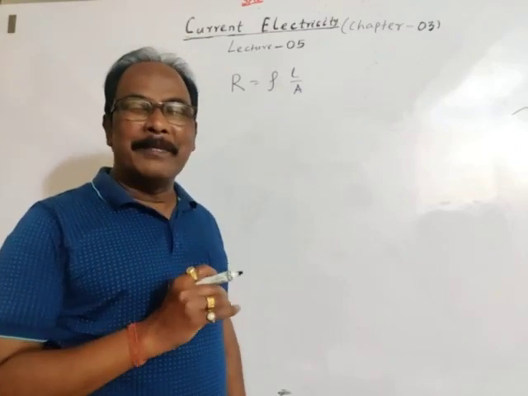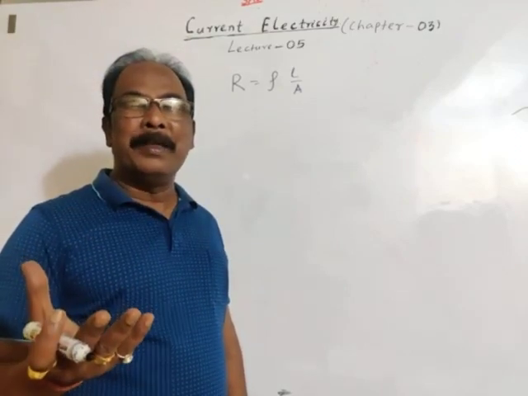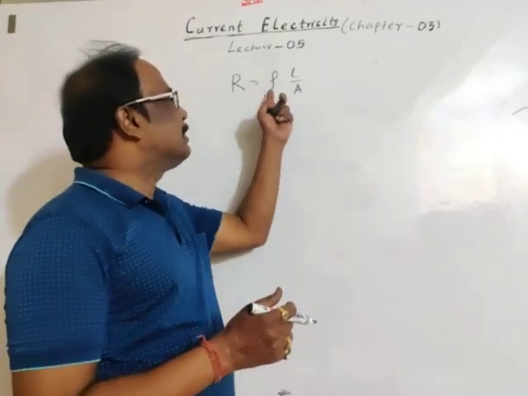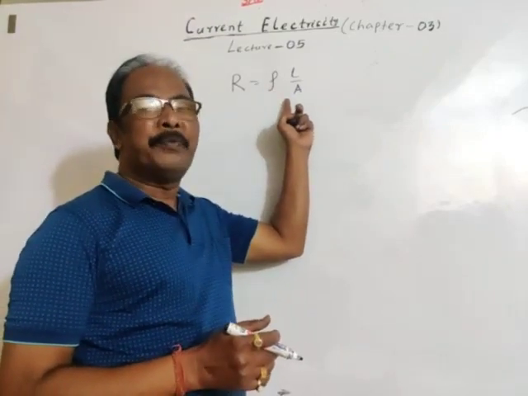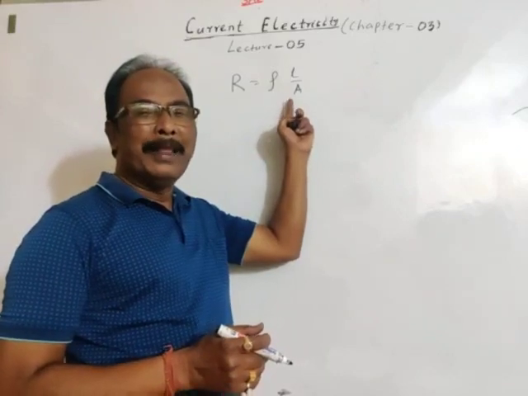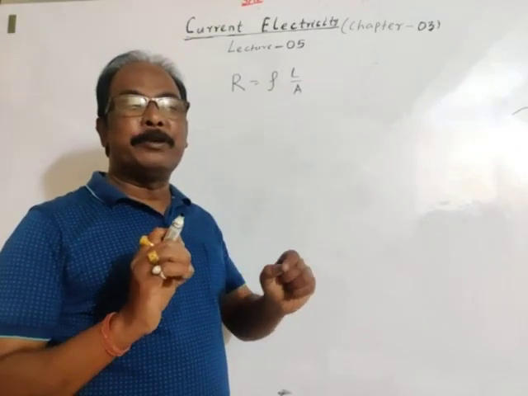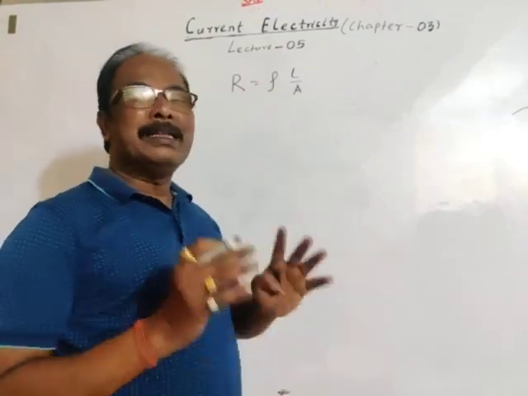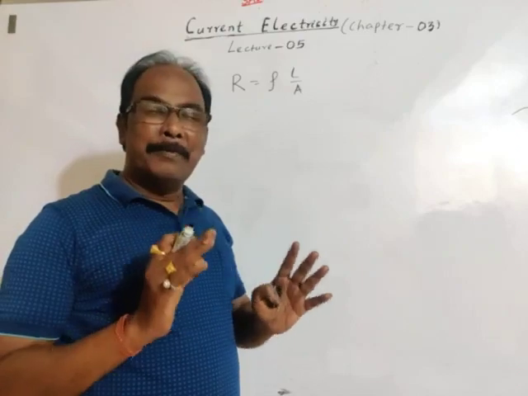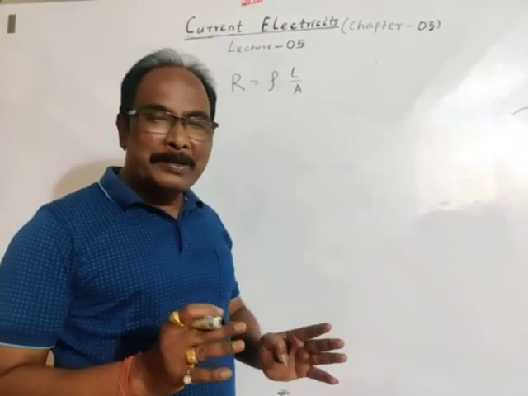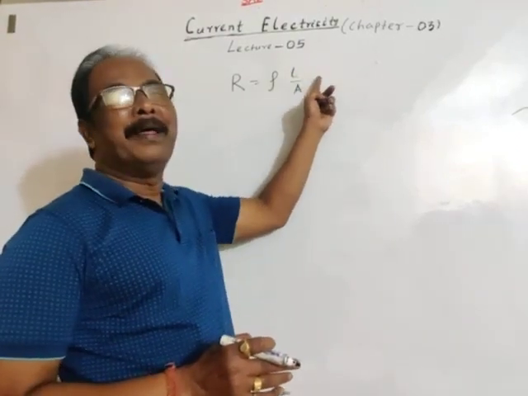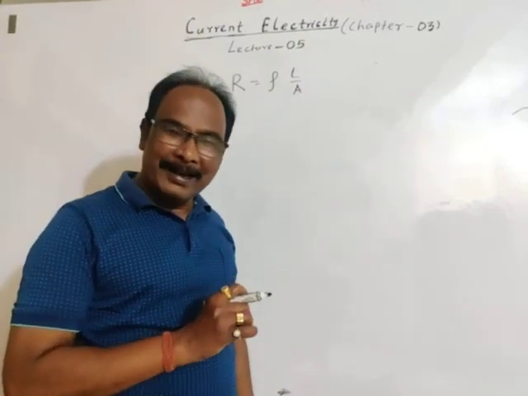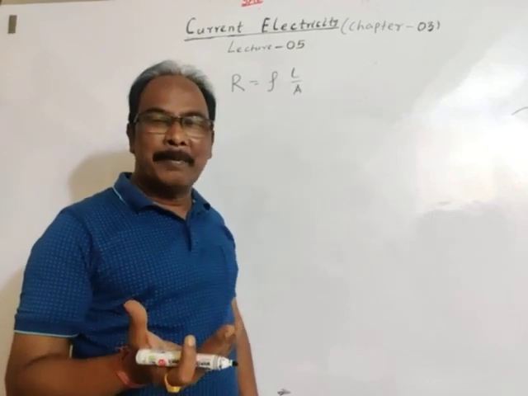So first thing, resistance depends upon which factors? This is resistivity or specific resistance rho. Resistivity depends upon nature of material and temperature. Resistance depends upon nature of material, temperature, and another two factors: length of conductor and area of cross section of conductor.